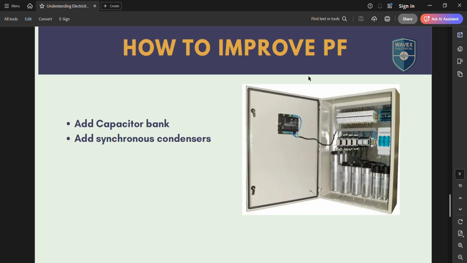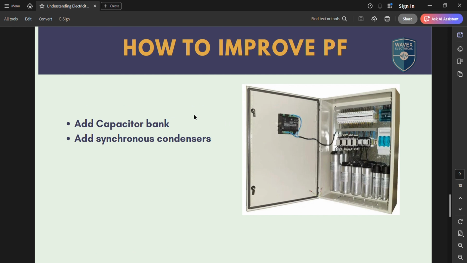Okay, then how to improve power factor? To improve power factor, we need to add capacitive load to the system. That can be done by using a capacitor bank or a synchronous condenser. Mostly in MEP projects, they use capacitor banks like APFC panels, automatic power factor correction panels.